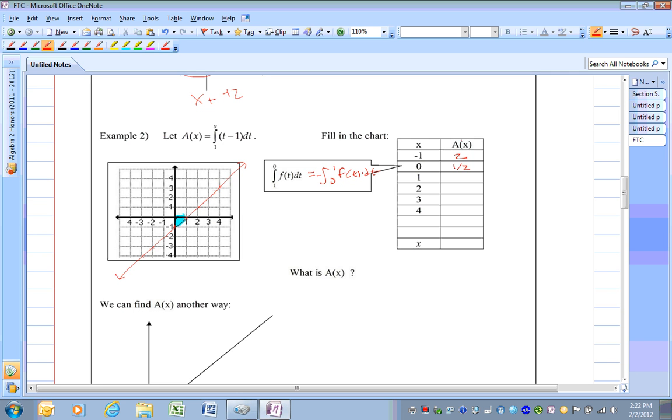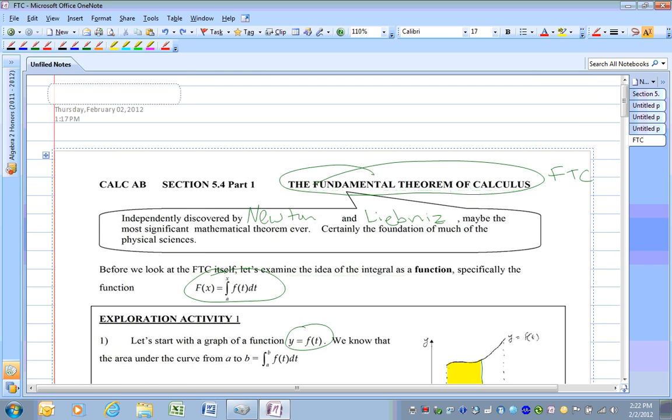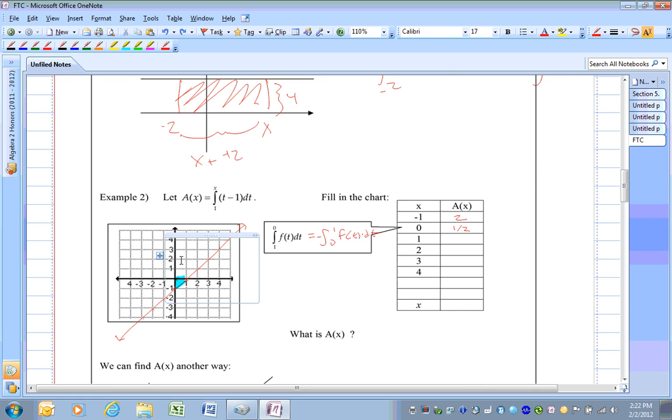From 1 to 1, obviously we get what? Let's redraw it. Cool. All right. From 1 to 1, we get 0.